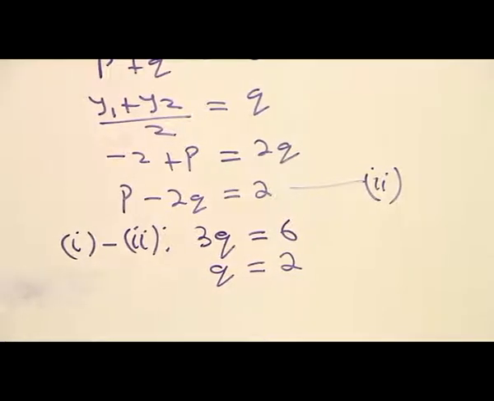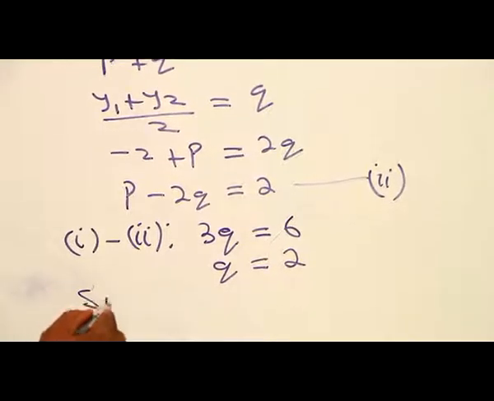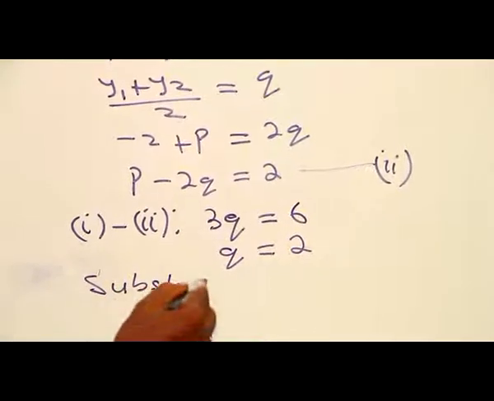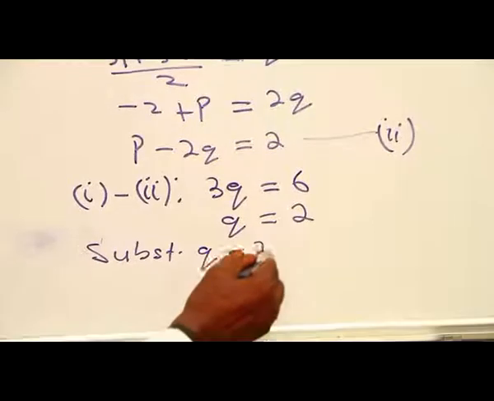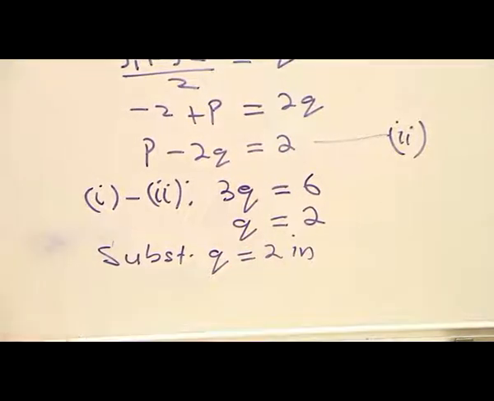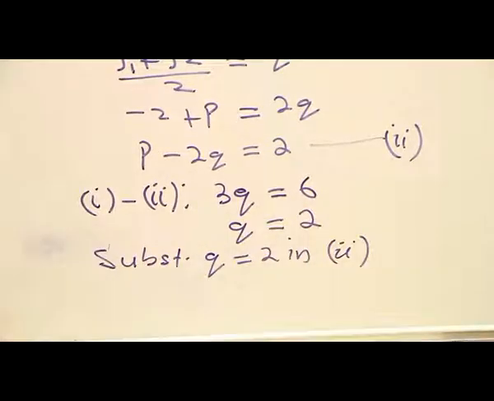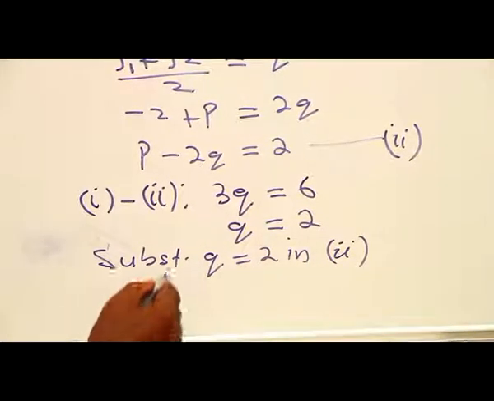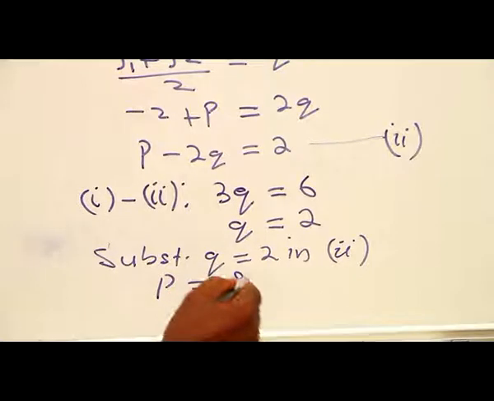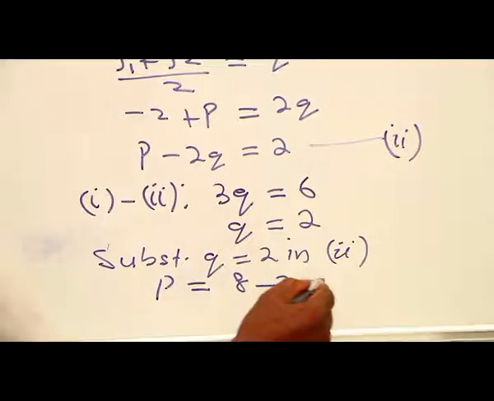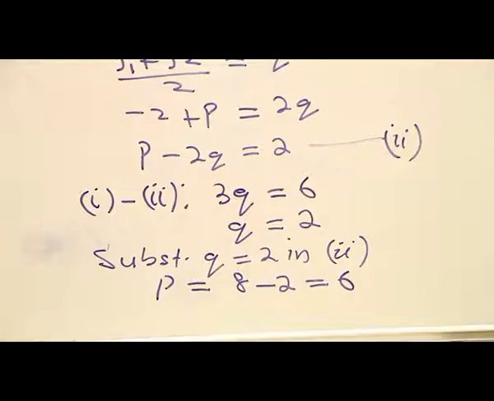Then you can now substitute your Q. Substitute Q equal to 2 in any of the equations. Let's say equation 1. When you do that, you will now have your P to be equal to 8 minus Q, and that is 8 minus 2, and the value is 6.